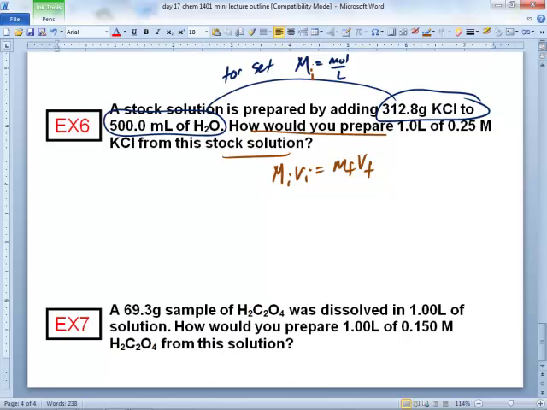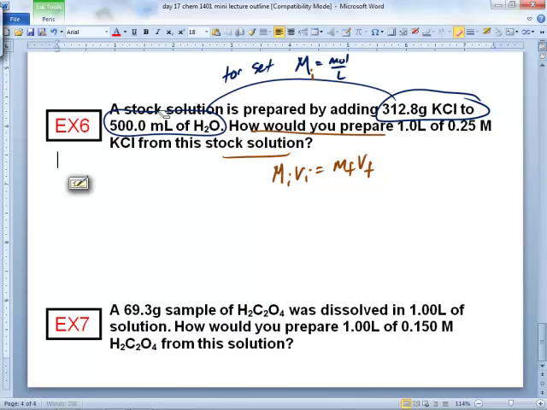What type of question is it? Same thing. You have to use the first sentence to get Mi, and the second one, MiVi equals MfVf. All right, let's try one. Oh, EX6 has more space, right?